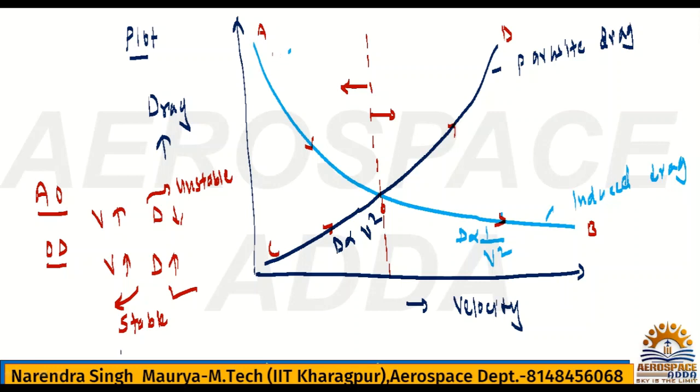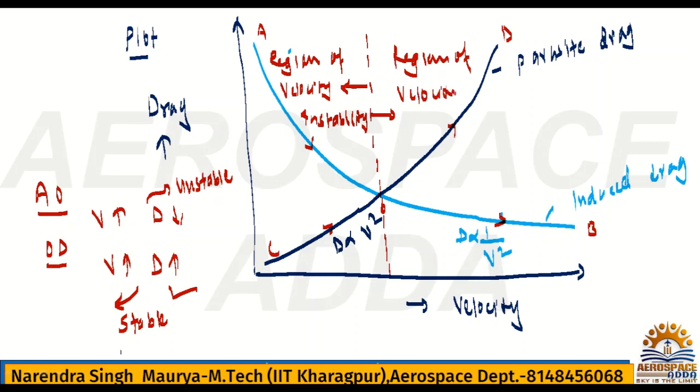Let me write region of velocity instability. And this side is the region of velocity stability.